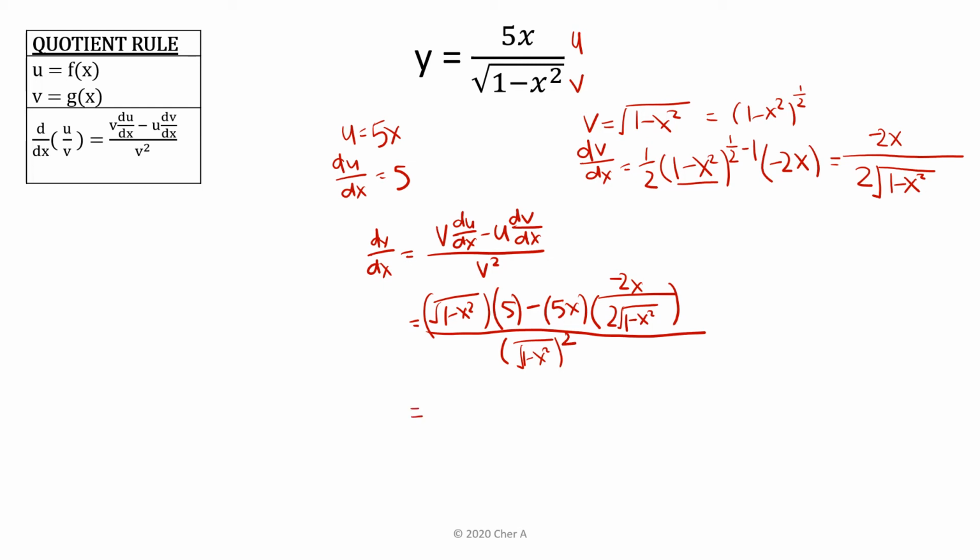Okay, so putting everything together, I'll have 5 square root 1 minus x squared, minus 5x times negative 2x, which will give me negative 10x squared, over 2 square root 1 minus x squared. Okay, and then the square root of 1 minus x squared, squared, will be 1 minus x squared.